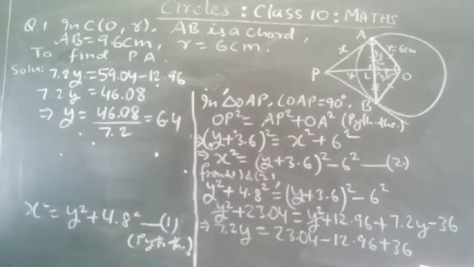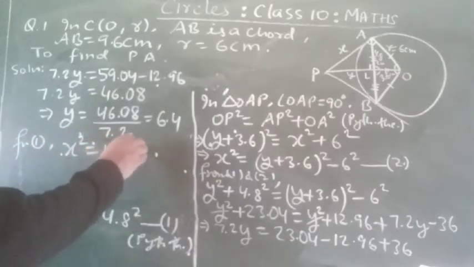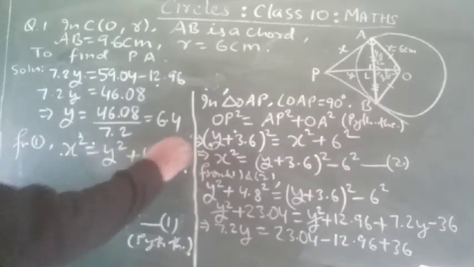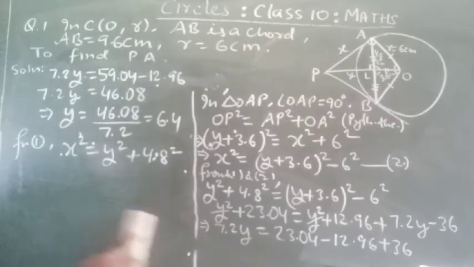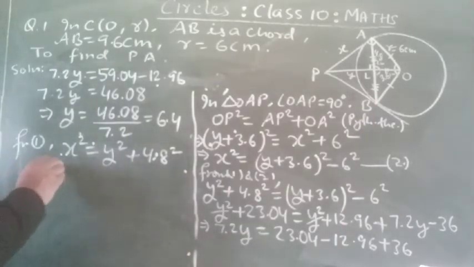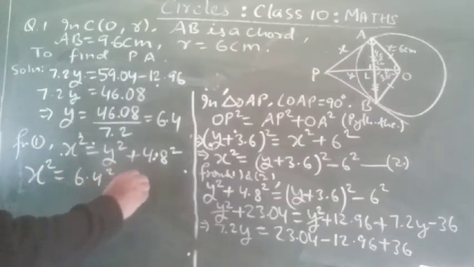We just put it in equation number 1. From equation 1, x square equal to y square plus 4.8 whole square. I am going to rub this line. Now x square equal to 6.4 whole square plus 4.8 square.